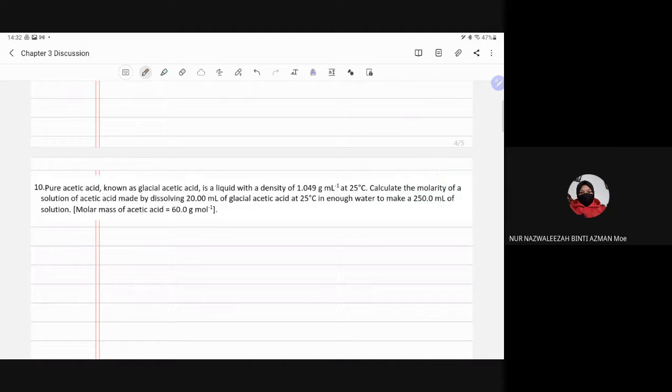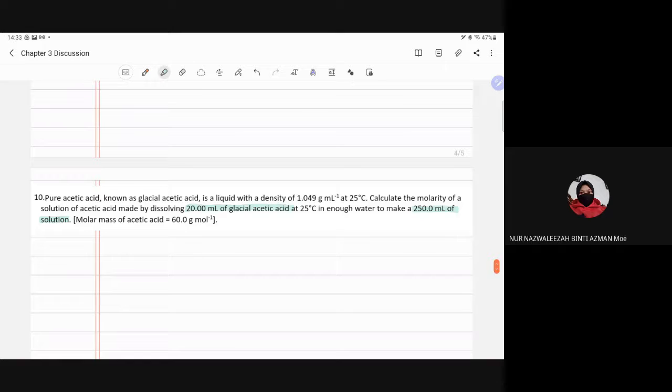Calculate the molarity of a solution of acetic acid made by dissolving 20 ml of glacial acetic acid, okay, at 25 degrees Celsius in enough water to make 250 ml solution. Okay. Alright.